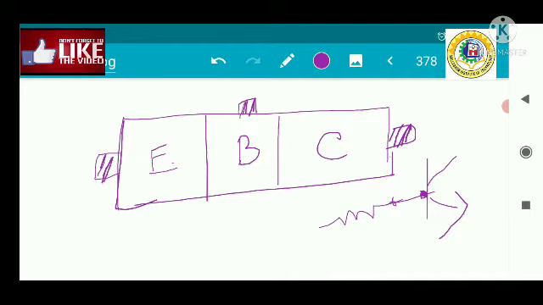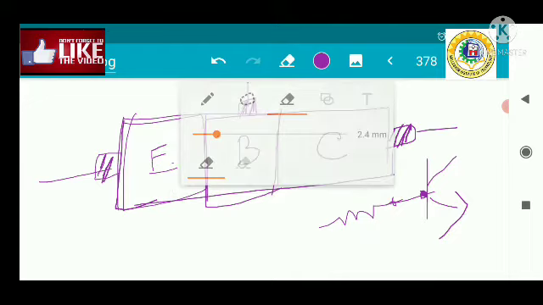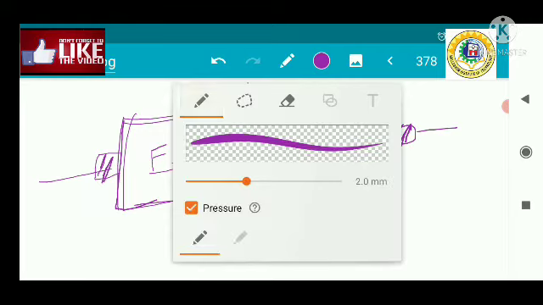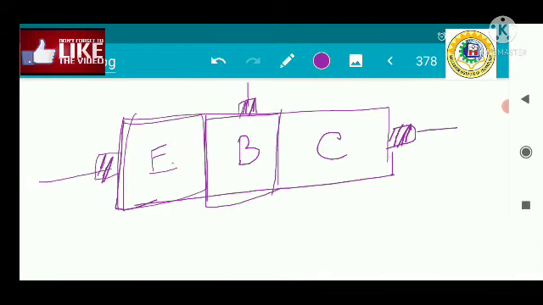This contact with these regions gives rise to some sort of resistances, and in this model we have to include these resistances. If we simplify, we assume there is a base resistance due to the base terminal and its contact, an emitter resistance, and also a collector resistance.